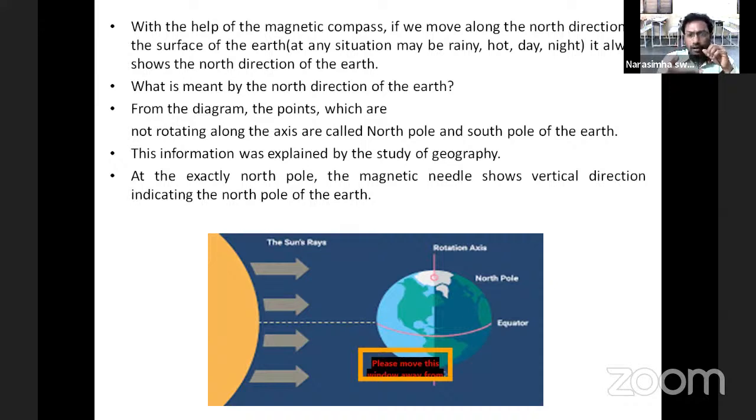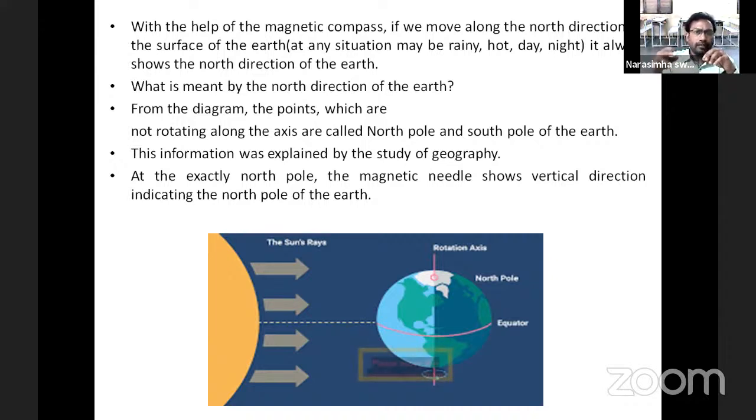If you keep on walking with the help of that tool, the needle always shows north, and if you move along that direction, it stops at the north direction of the Earth only.